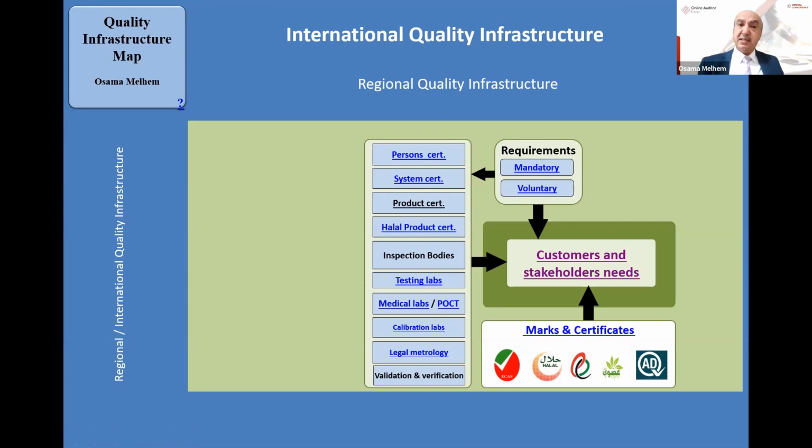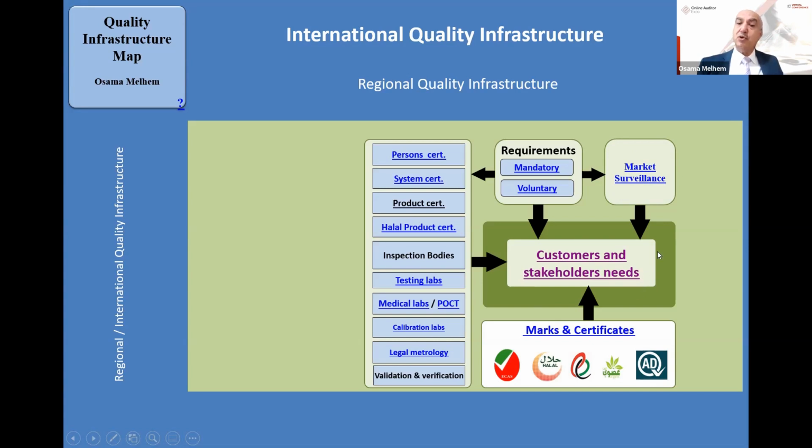It means that maybe this one is produced free from any defect, and after that maybe the manufacturer will not continue to produce this high quality. So we need now another body called the market surveillance body. The main objective of the market surveillance body is to ensure that the quality of the products obtaining or holding these marks is maintaining this level of quality.